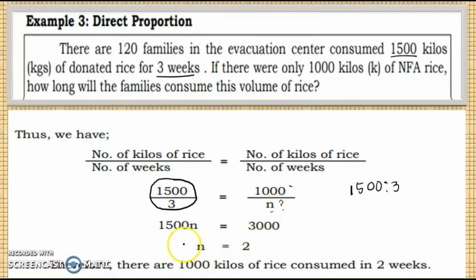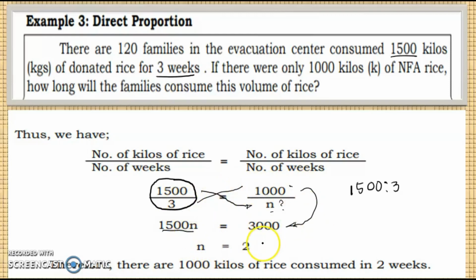Okay, so let's compute. 1,500, we cross multiply, 1,500 times n, 1,500n, is equal to 3 times 1,000, which is 3,000. Cross multiply. 3 times 1,000 is 3,000.